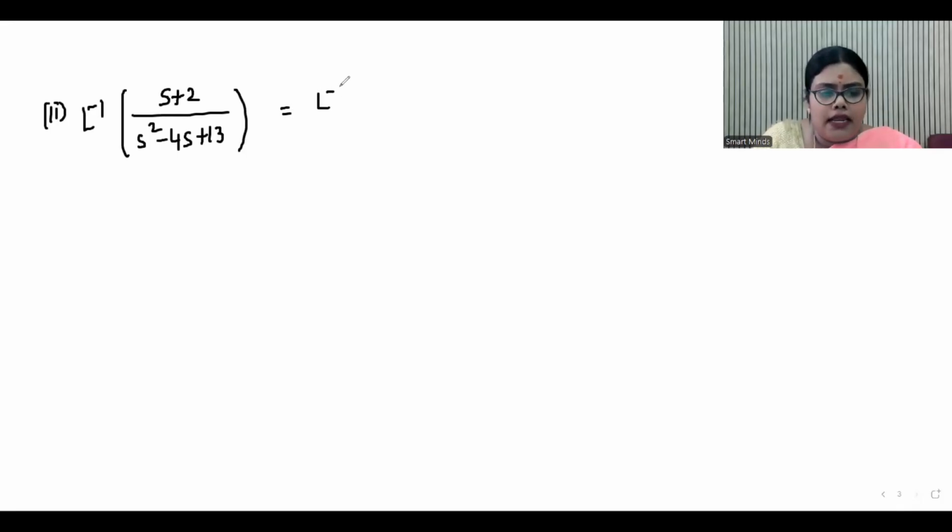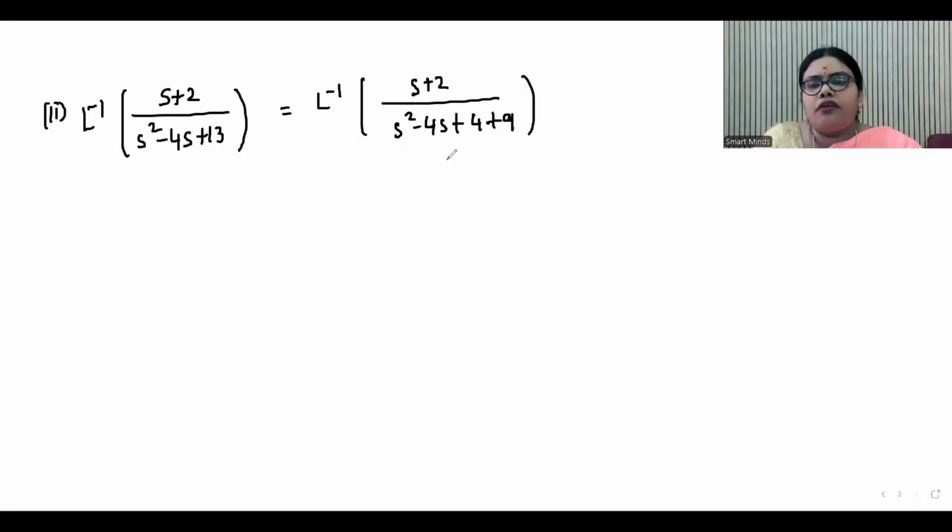Now let us take the second bit. We need to find inverse Laplace transform of (s plus 2) by (s square minus 4s plus 13). So that is L inverse of (s plus 2) by, now see denominator, how can we write? We can write this as s square minus 4s plus 4 plus 9. We can write 13 as 4 plus 9.